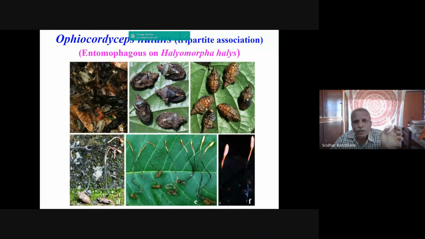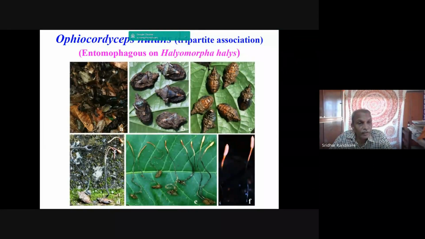Through that, it is going to get the Hirsutella, that is the imperfect fungus, and this fungus is going to start utilizing the nutrients of the animal and start producing the perfect state. So the Ophiocordyceps nutans, especially from the thoracic region, sometimes from the head region, occasionally from the abdomen region, is going to project out and produce the root bodies. So these are all fallen.